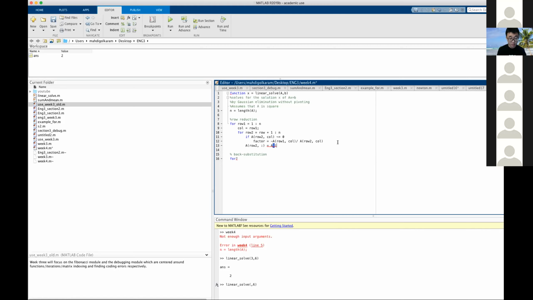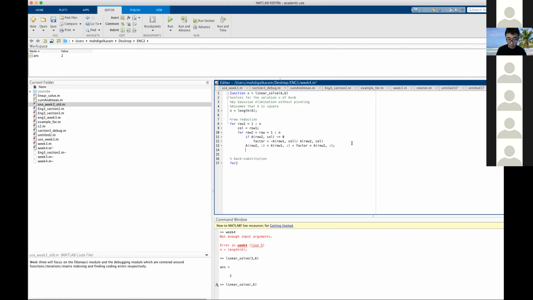So it's A row 1 plus factor multiplied by A row 2. So this is the scalar and this is a vector, and when we do this multiplication, basically it's applying the multiplying factor to every element in this vector.